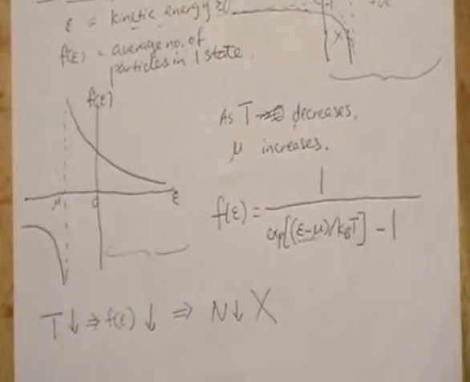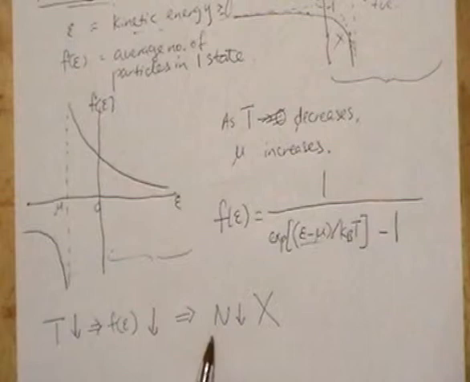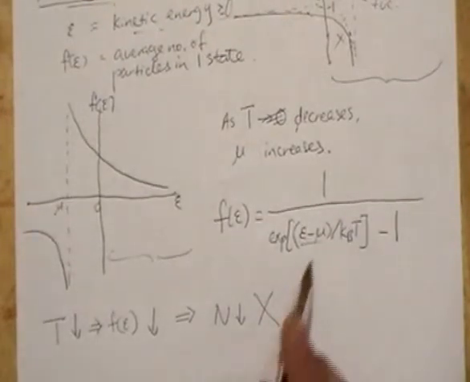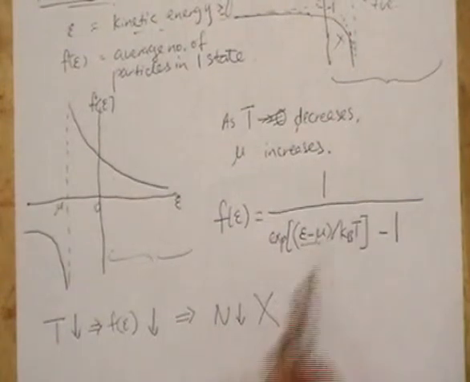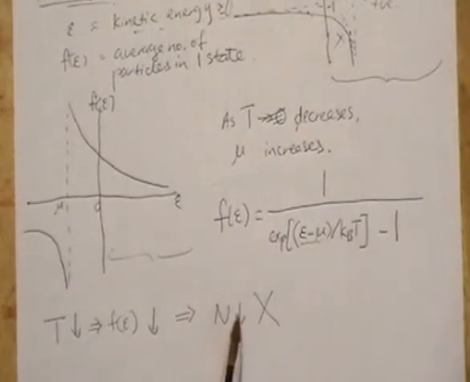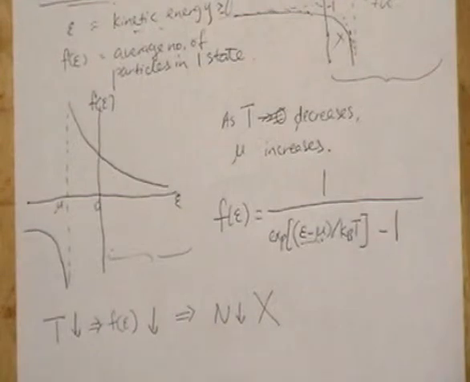They don't just disappear. So in order for N to remain the same, mu has to change. Alright, we can actually make N remain the same by changing mu. And that makes sense, because mu is supposed to depend on N.